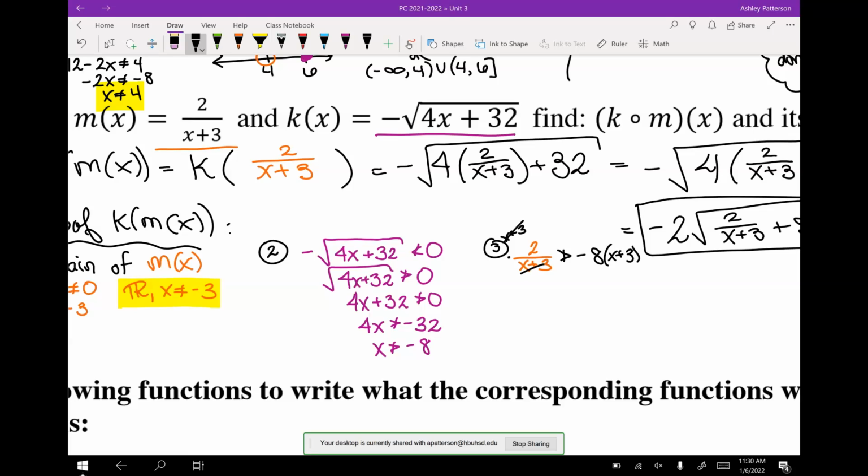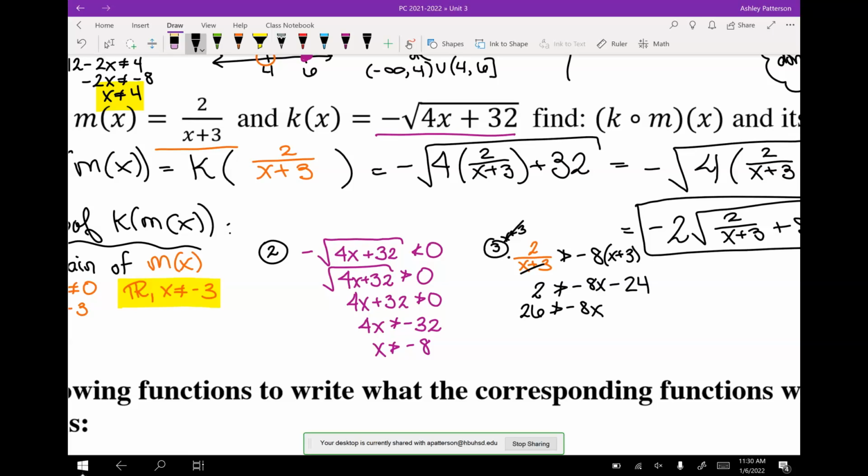The denominators cancel out. We get that 2 cannot be greater than negative 8x minus 24. Add 24 with me, please. So 26 cannot be greater than negative 8x.